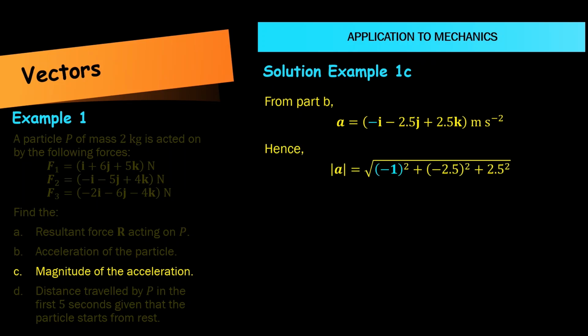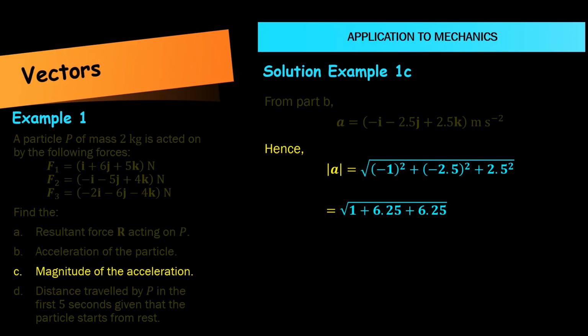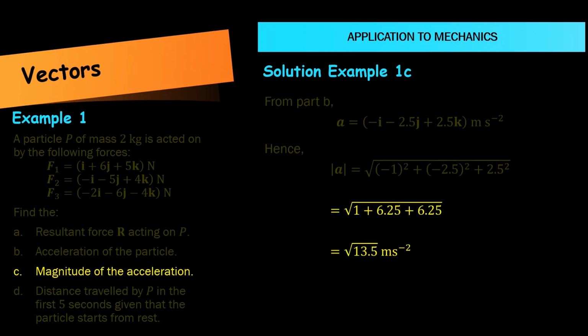So we have the modulus of a equals the square root of minus 1 squared plus minus 2.5 squared plus 2.5 squared. Giving us the square root of 13.5 meters per second squared.